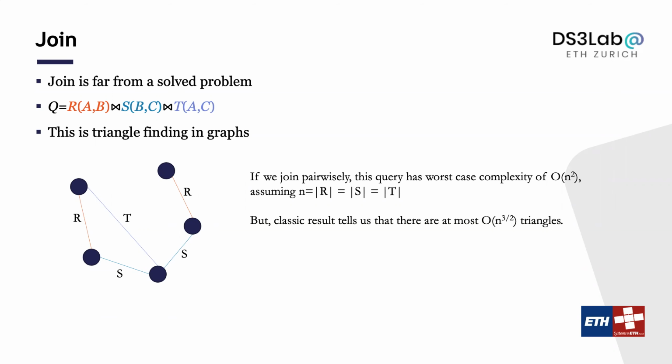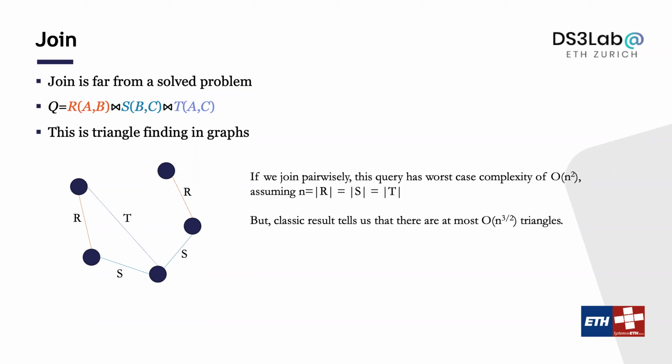However, a very classical result tells you there are actually not that many triangles in the graph. There are at most n to the 3/2 triangles in the graph. So if you do this in a pairwise way, you are actually paying way more than your actual output.